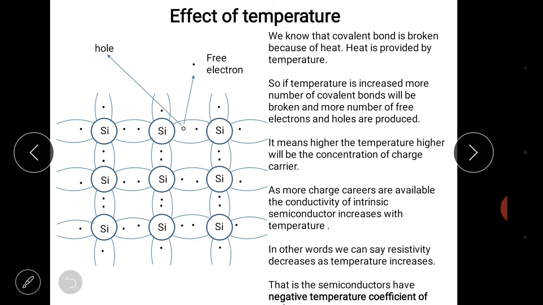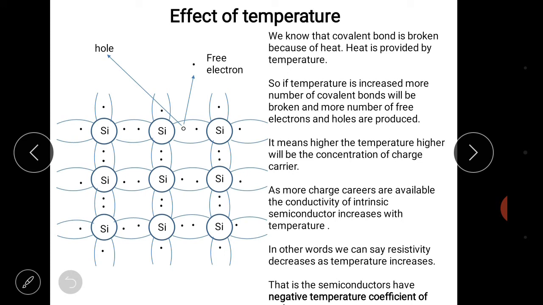Effect of temperature. We know that a covalent bond is broken because of heat, and heat is provided by the temperature. So if temperature is increased further, more covalent bonds will be broken and more free electrons and holes are produced. It means the higher the temperature, the higher will be the concentration of charge carriers.